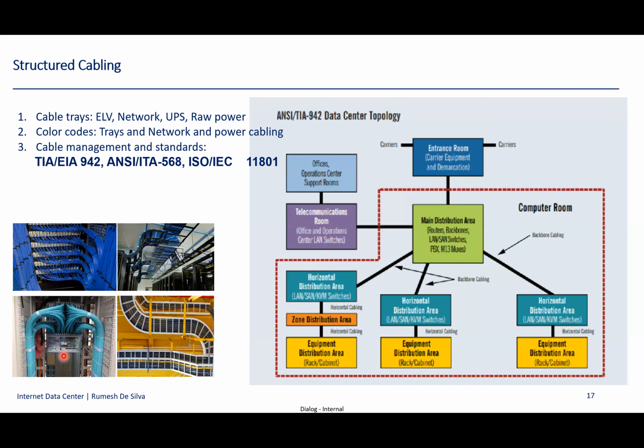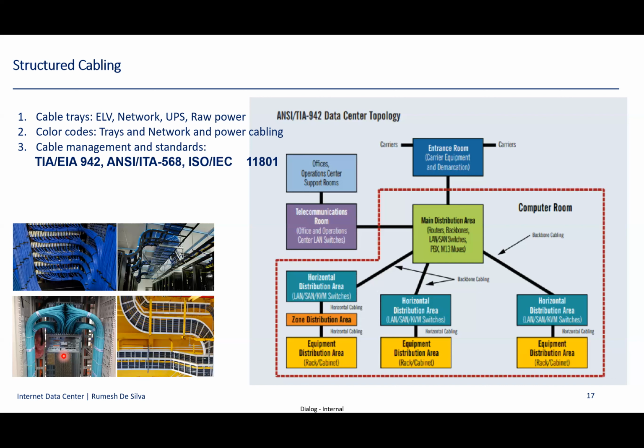Inside the data center there is a color code: a separate color code for the ELV tray, a separate one for the network tray, and separate ones for UPS. For UPS you use two color codes, for example A side green and B side blue, not the same color. UPS A feed and UPS B feed, and the raw power tray also has its own separate color code, right?